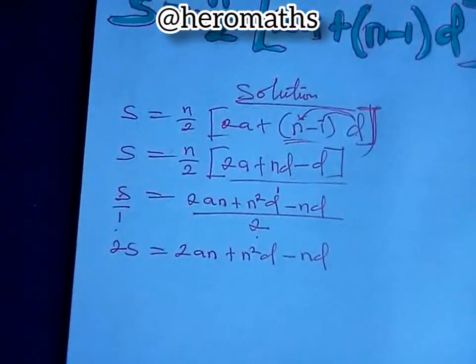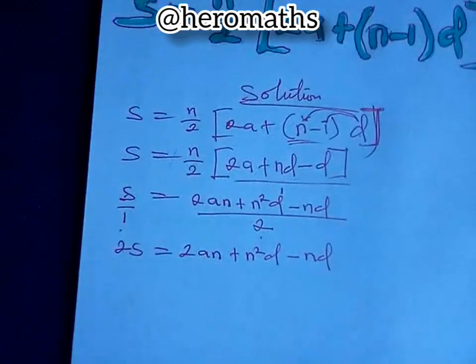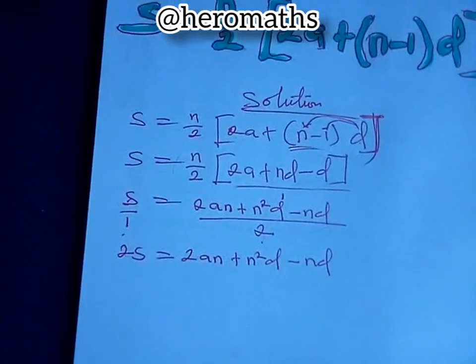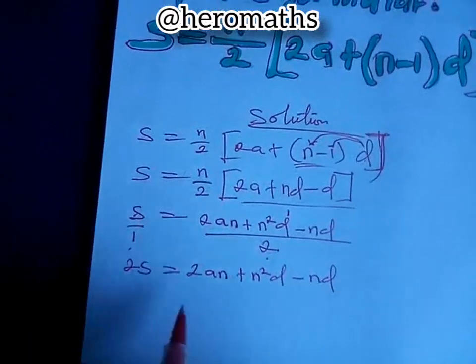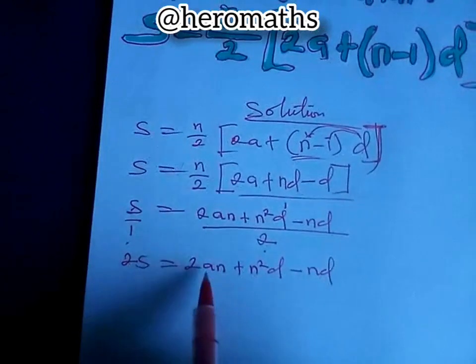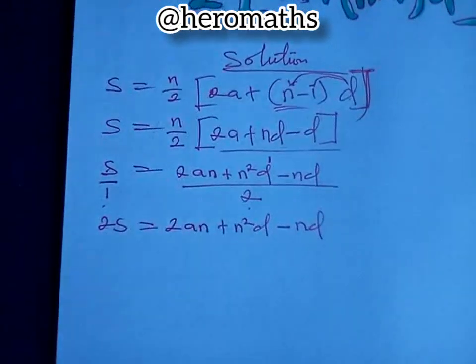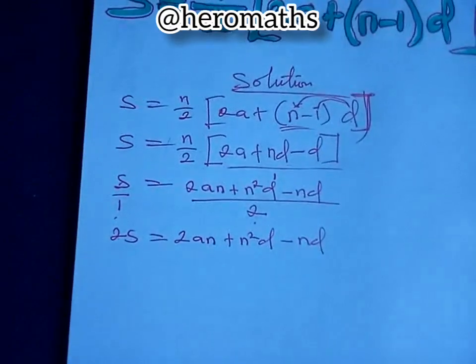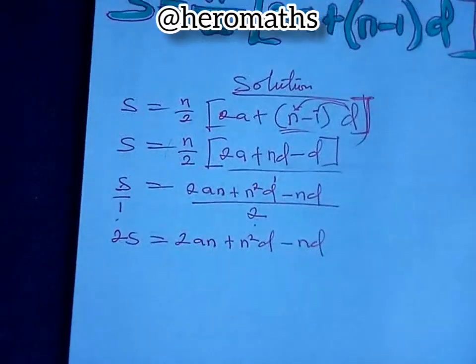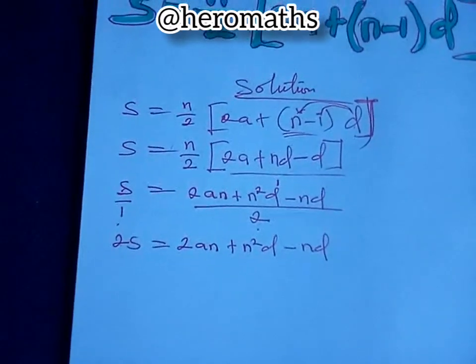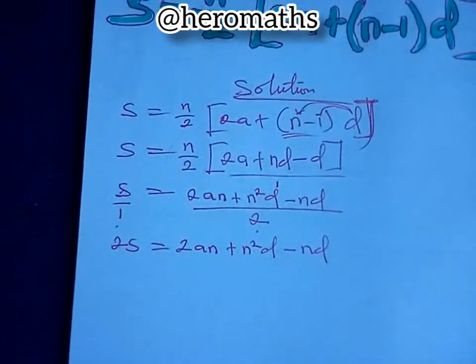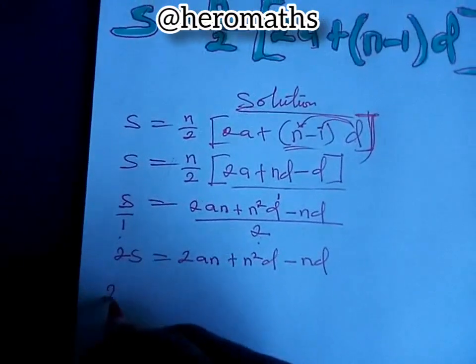In this case we have this, but our question is to make a the subject of the formula. So let us collect like terms. Let the one with a be on its own at the other side. So we have 2S.